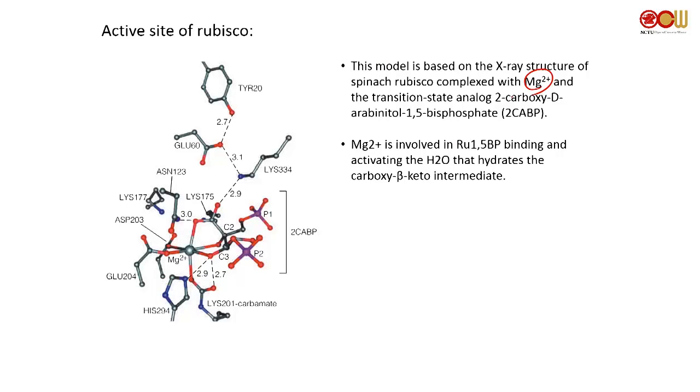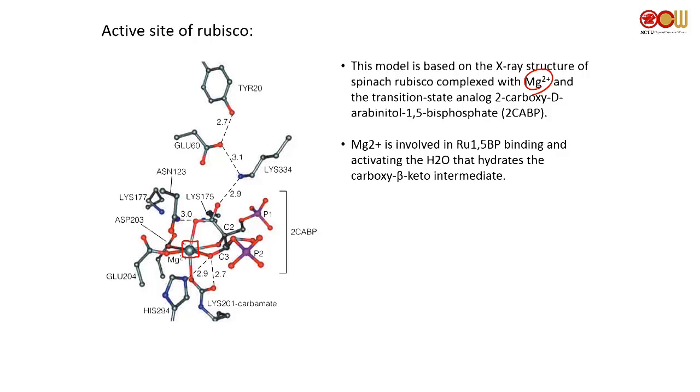And what you see is that you have a magnesium ion right here. This is the magnesium ion. This Rubisco model is a complex with the magnesium ion and a transition state analog.